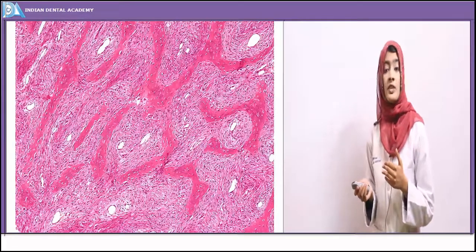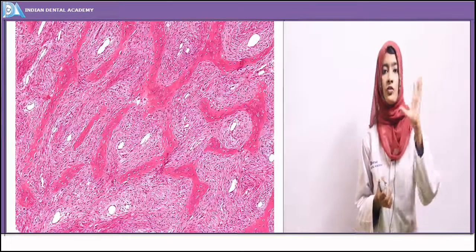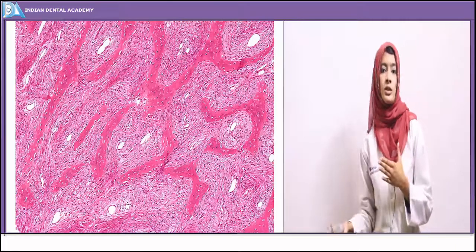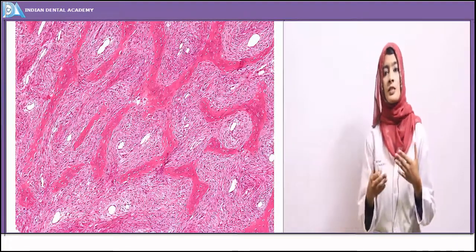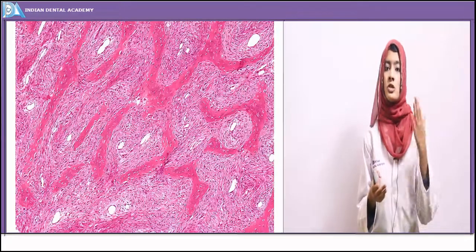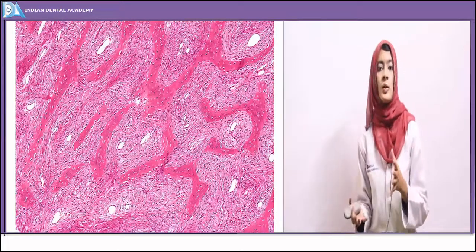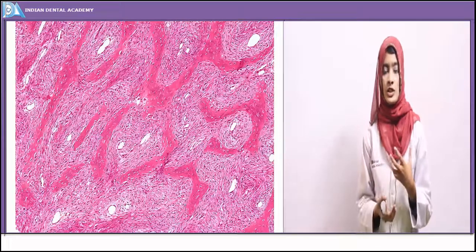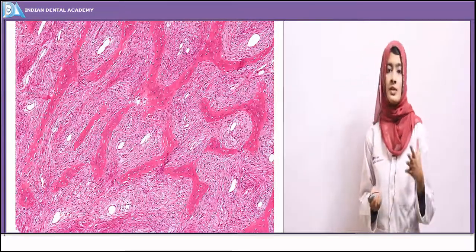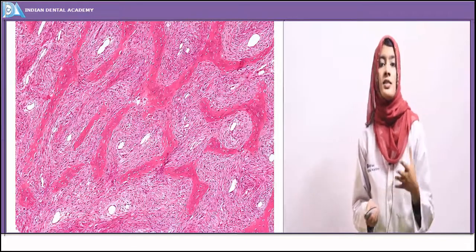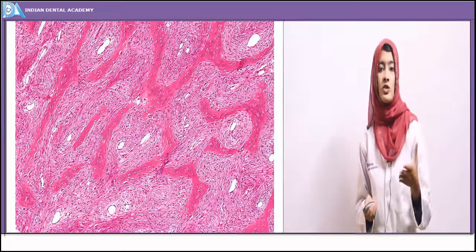We have already seen the association of fibrous dysplasia with a few other syndromes. There is also an interesting association between fibrous dysplasia and myxoma, which has been called the Mazabraud syndrome.